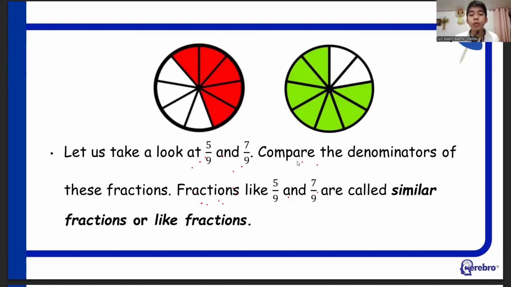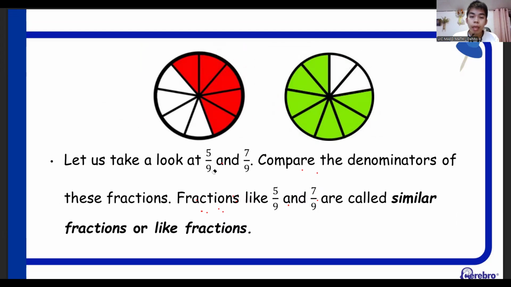Now, let us take a look at 5/9 and 7/9. Let's compare their denominators. Their denominators are the same. Para-pareho sila ng denominators as you can see. 5/9, 5 numerator, 9 denominator. 7/9, the 7 numerator, 9 as your denominator. So they have the same denominators.